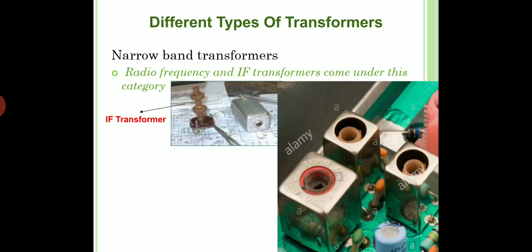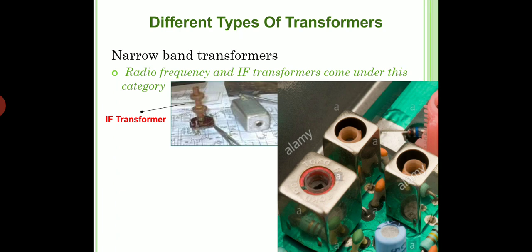Again, they are also used in IF transformers, IFTs as you call them in radio receivers. Once the signal is received, we pass it through a mixer, the superheterodyne, and the resultant frequency coming out of the mixer will be 455 kilohertz. That is the standard intermediate frequency.